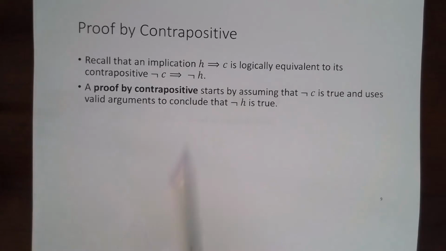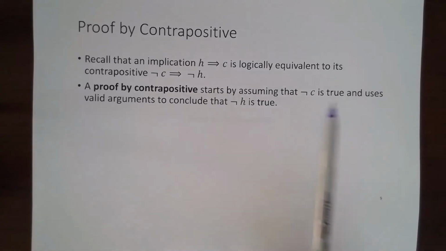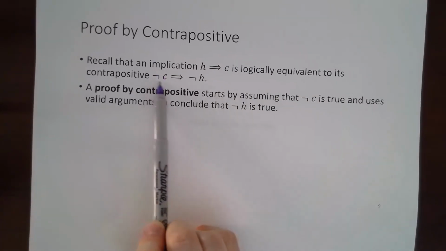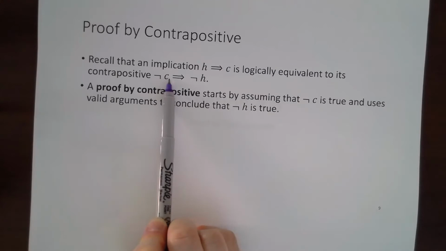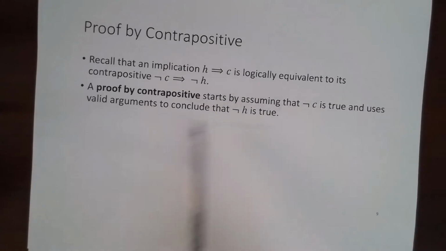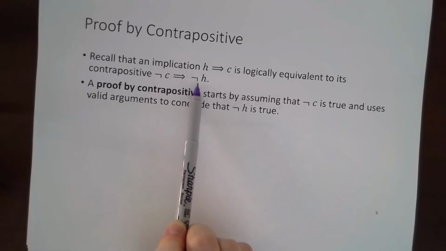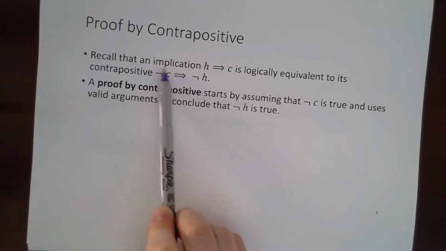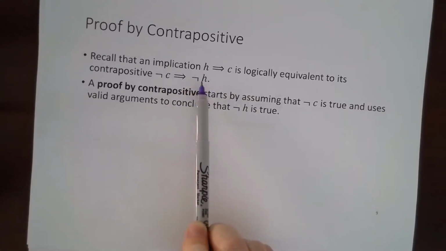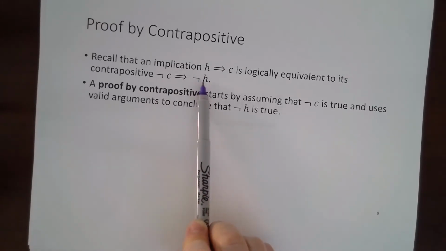Okay, so you're trying to prove H implies C, but to do it, you're going to start by assuming that not C is true. Okay, and then use a valid argument to conclude that not H is true. And if you think about that, that's just the steps for a direct proof of not C implies not H. You start with this as your hypothesis and arrive at not H as your conclusion.